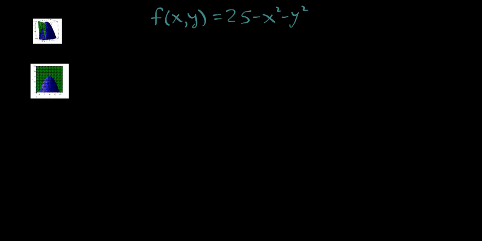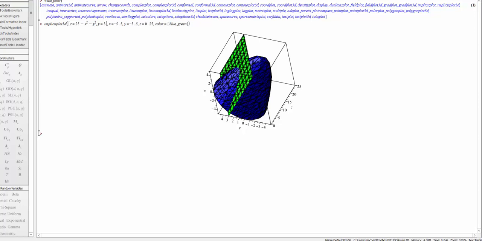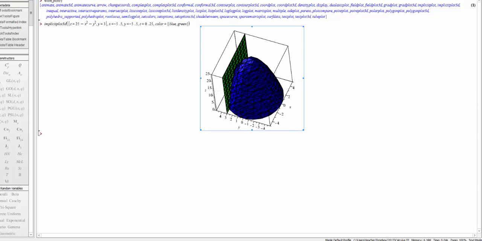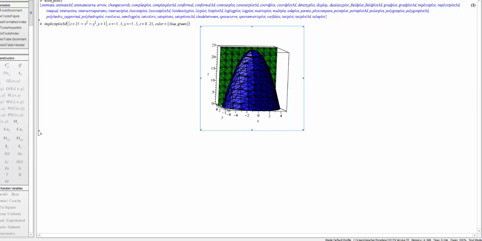And I've got a picture of the graph in Maple. Let me see if I can open up Maple. Okay. So here I've graphed the function. Here is the paraboloid, you can see in blue. Now what I've done in addition is I've also graphed the plane y equals 3.